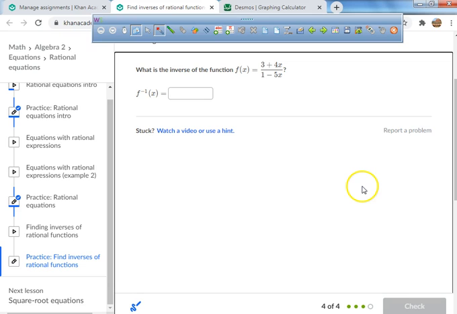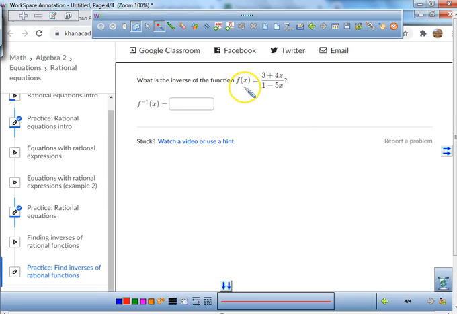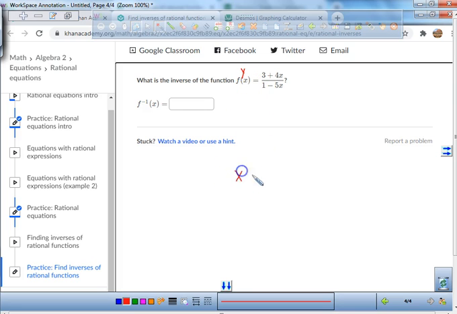Got one more. All right, so this one says f of x. Now on this one, I'm not going to type it into Desmos. I'm just going to go over it step by step, see if you understand it. So, step number 1. First thing I'm going to do is that I know that's my y value, right? I know that's my y value, so I'm going to change it to x.